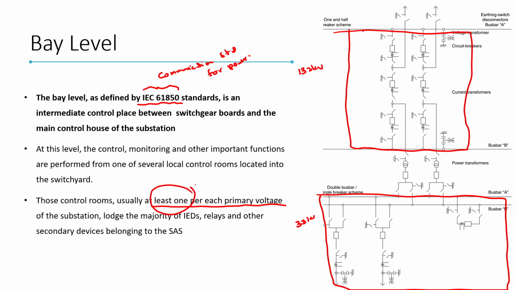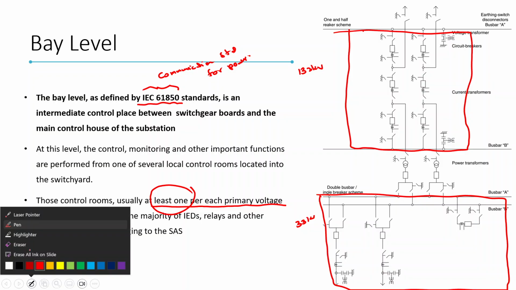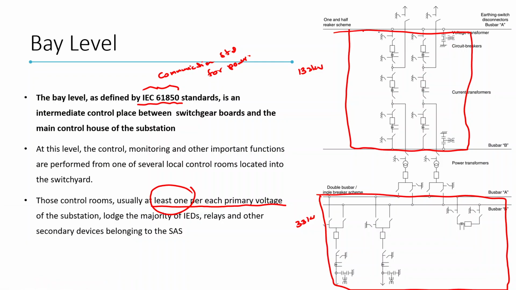If you want, you can go ahead and further divide this, like if you want to separately monitor each of the feeders. It may be very expensive, but you can identify different bays and have control rooms.